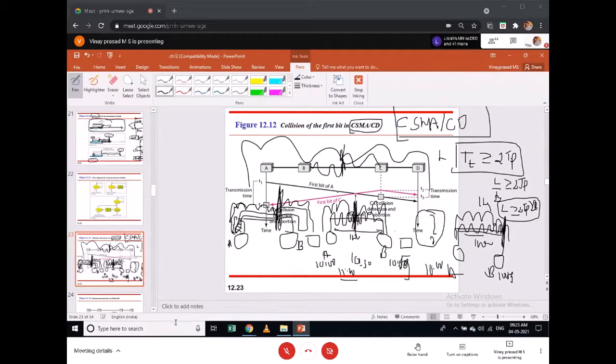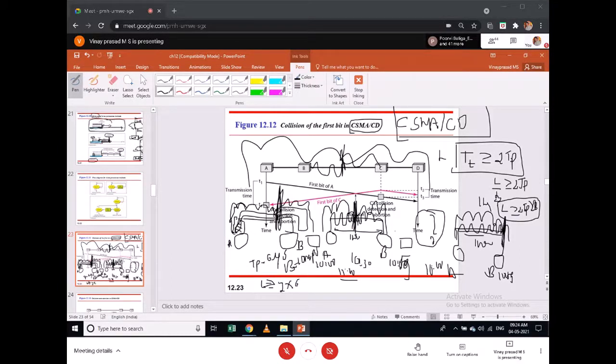Okay, let us take an example where the propagation delay is 6 microseconds, and I have a bandwidth of 10 Mbps. What is the minimum size of the packet in order to detect the collision in the CSMA/CD network? Okay, substitute in that expression. So L should be greater than or equal to 2 into TP.